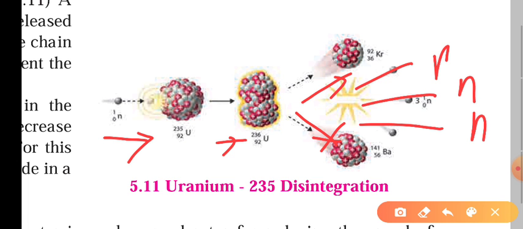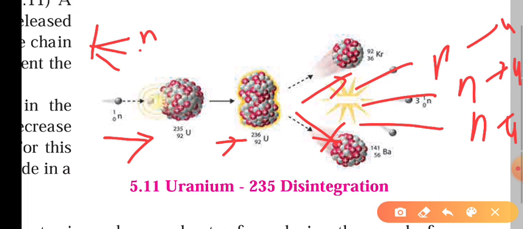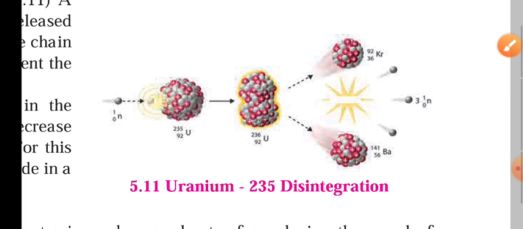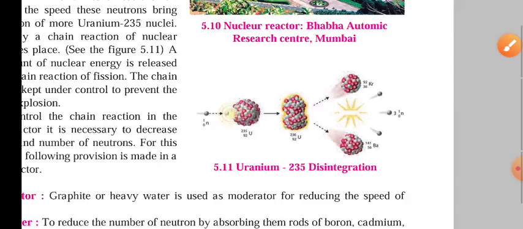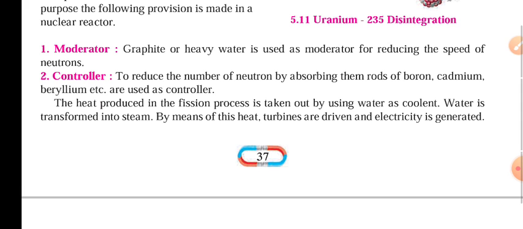These can go to other uranium atoms. One leads to three neutrons, and each of those leads to three more, and so on. That means 1, 3, 9, 27. It goes on very rapidly and keeps increasing, and that's why these reactions are very dangerous. It should be properly controlled.